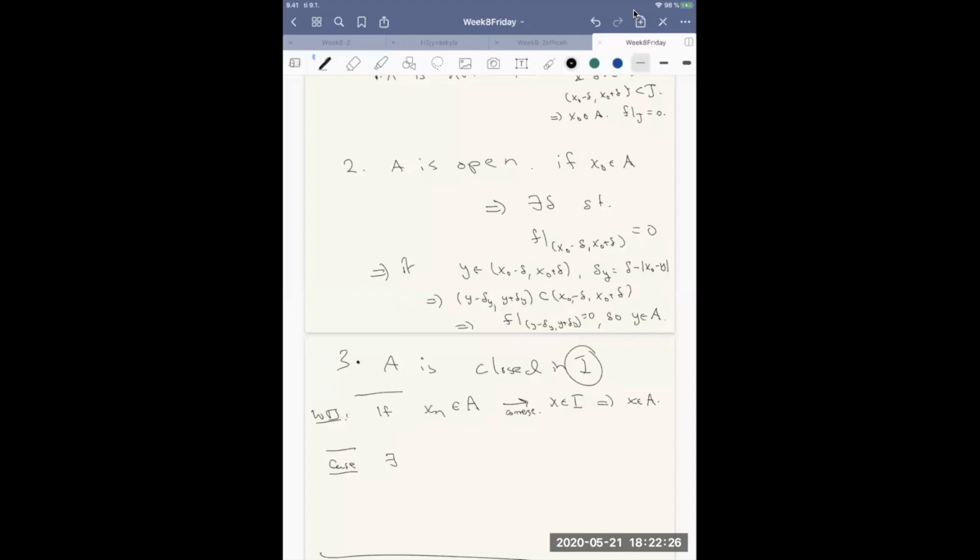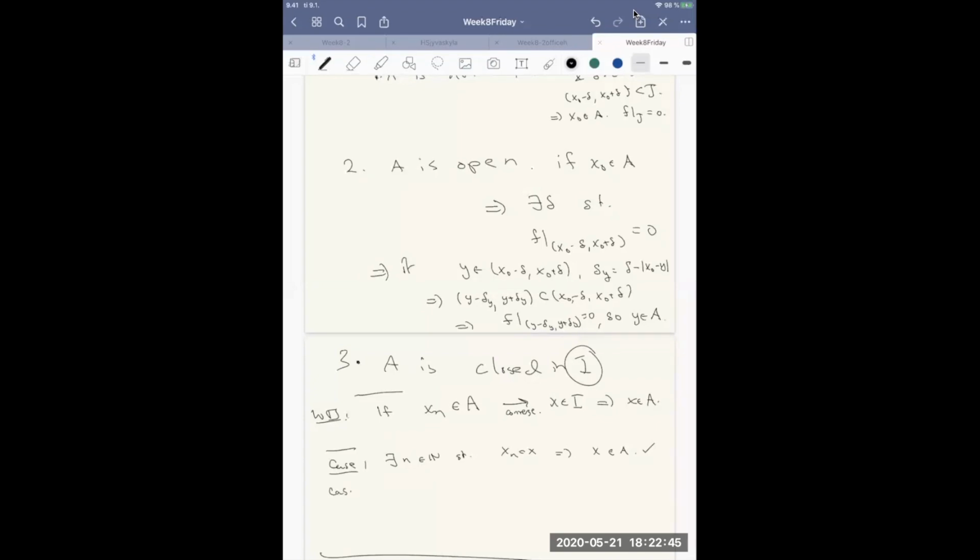Either there exists an n such that x_n is equal to x. In that case, because x_n is in A, then x is also in A. We're good.